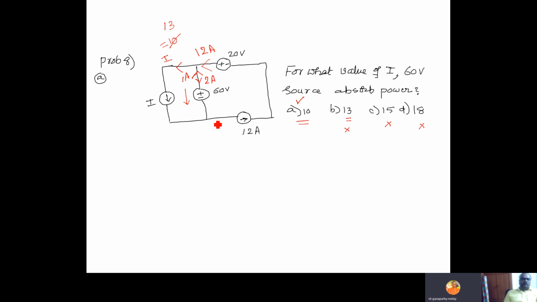Without these options, you can't solve it, because so many values are correct. Not only 10; if 8 is given, 8 is also correct, and if 7 is given, 7 is also correct. If 20 is given, it is wrong. So you have to answer from the key, not by using nodal or mesh.